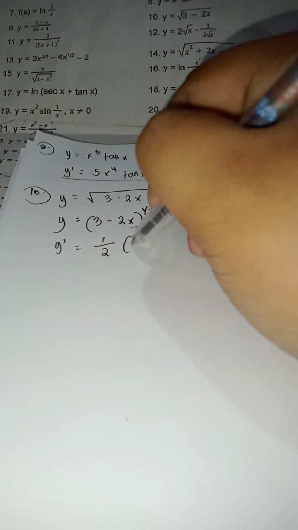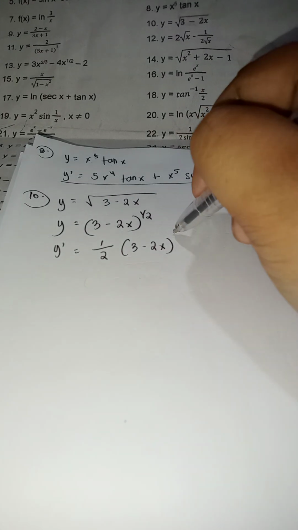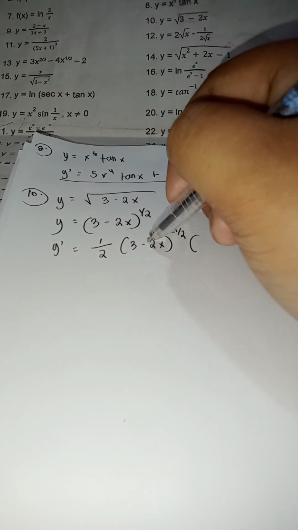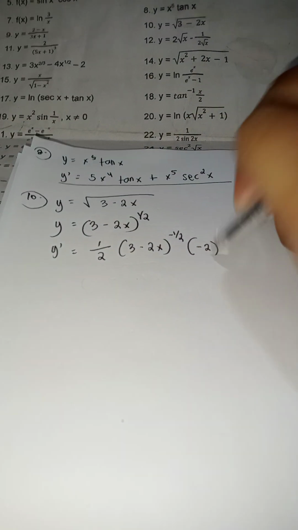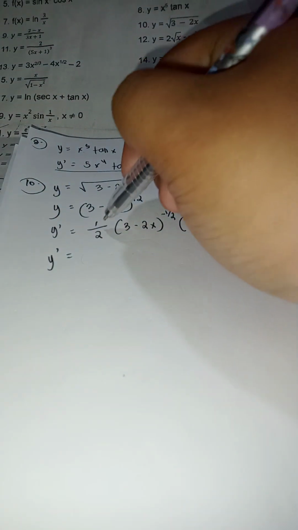Apply the chain rule. y prime is equal to 1/2 times 3 minus 2x to the 1/2 minus 1, which is negative 1/2, times the derivative of negative 2x, which is negative 2. Okay, so after that, we are going to multiply.